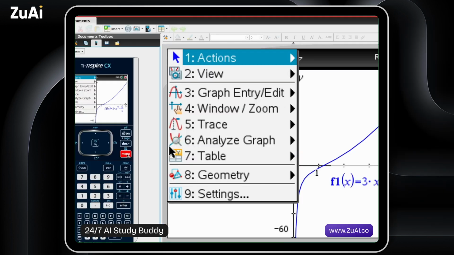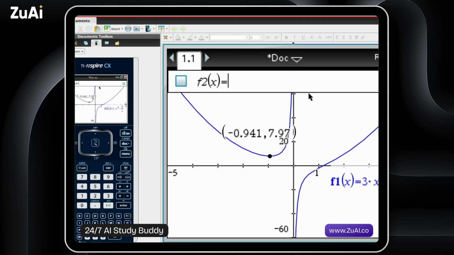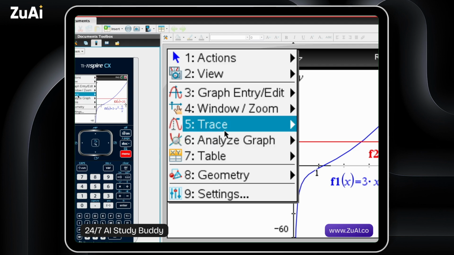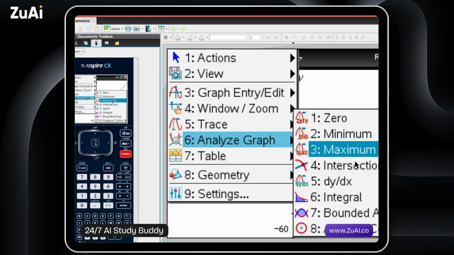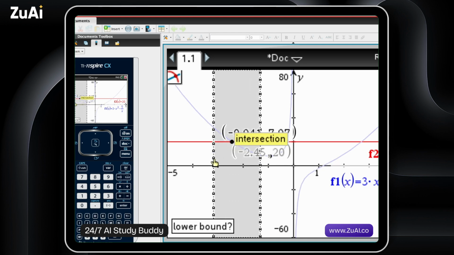So menu, graph entry, let's create a function and let's write it as equal to 20. Alright, so what are the solutions? That is to say, what are the intersection points? So let's find it. The first one is going to be negative 2.45.